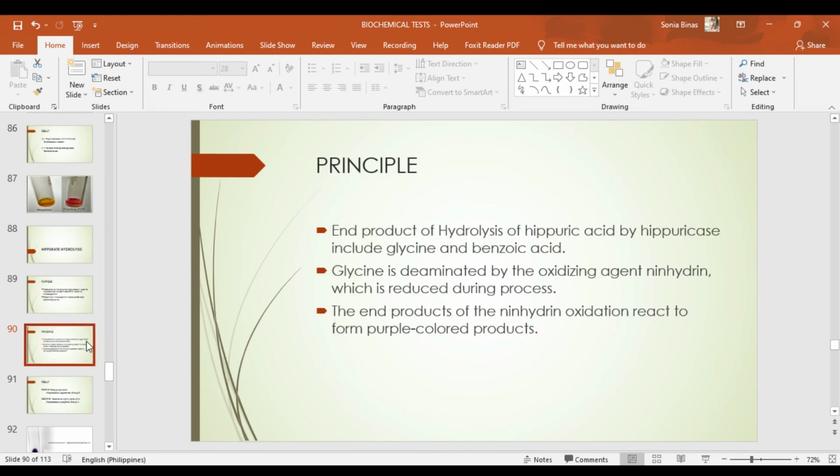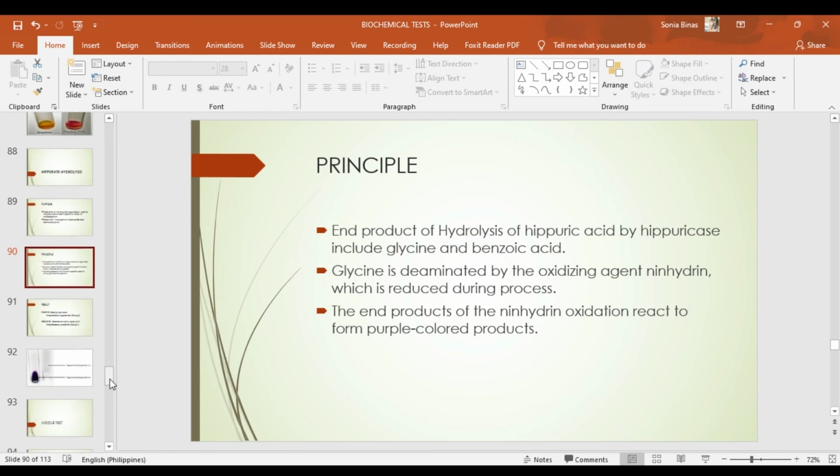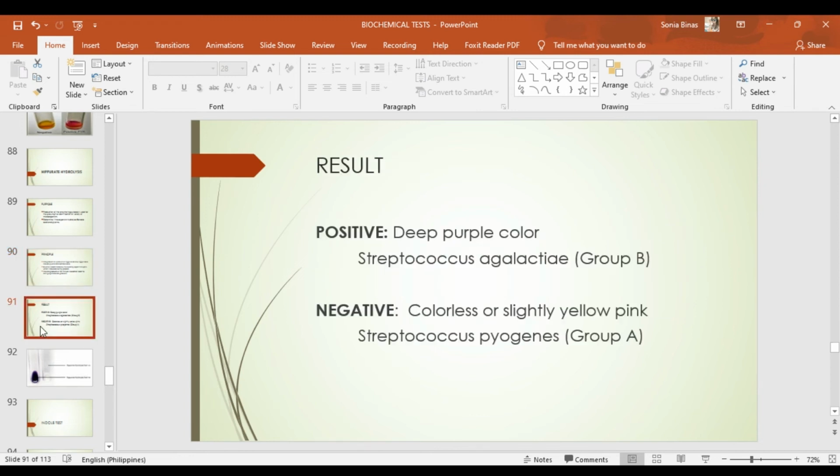The end products of hydrolysis of hippuric acid by hippuricase include glycine and benzoic acid. Glycine is deaminated by the oxidizing agent ninhydrin, which is reduced during the process.